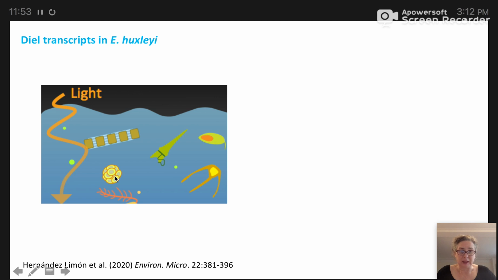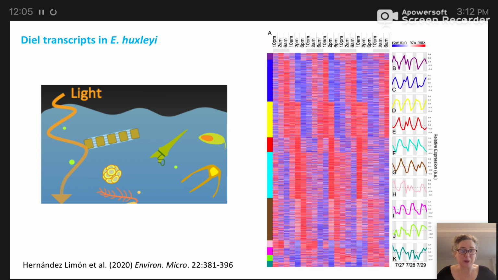So again, I was a little nervous that we wouldn't be able to detect much in terms of a signal, and thankfully, as you might have guessed, we were okay. We detected an amazingly beautiful transcriptional signal where you can see all of these transcripts going up and down in E. huxleyi over the course of a day.